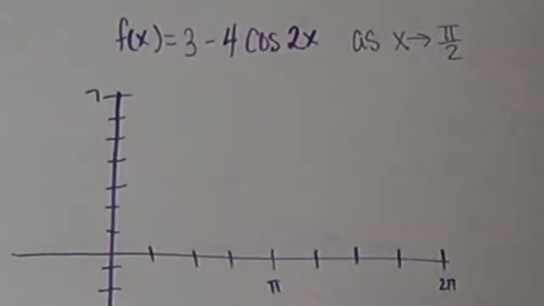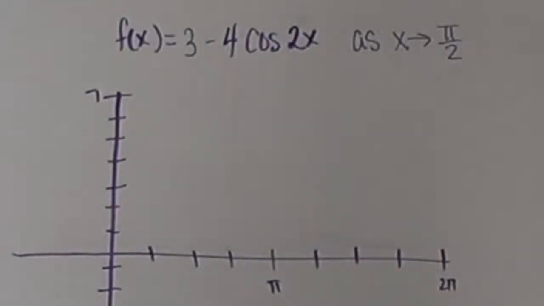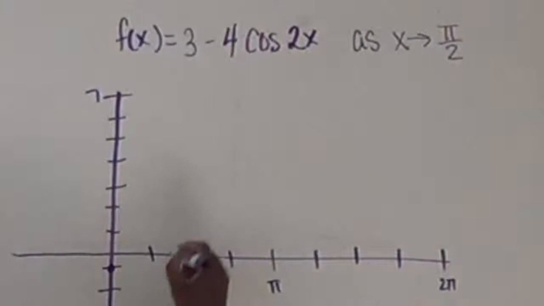For cosine of 2x, we know that the period is going to be pi. The amplitude is going to be 4. We're reflecting it, and then we're going to shift it up 3 units. When x is 0, we are looking at negative 1. When x is pi over 2, we're looking at 7.